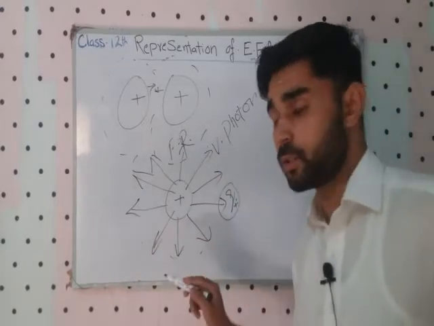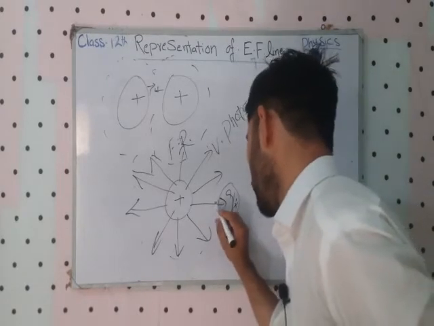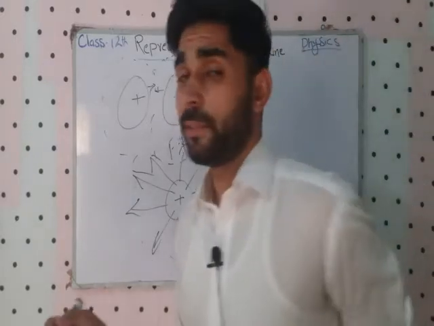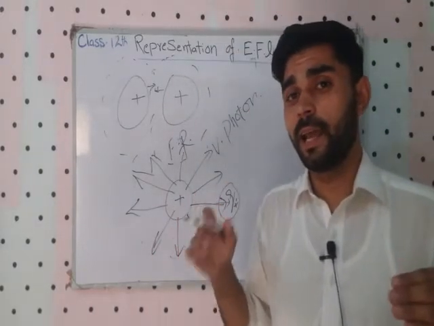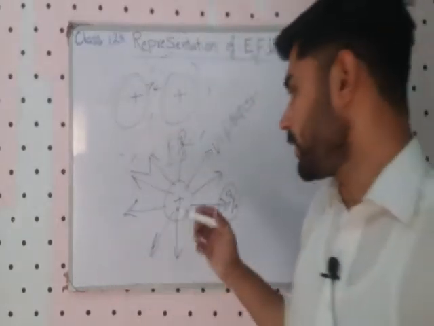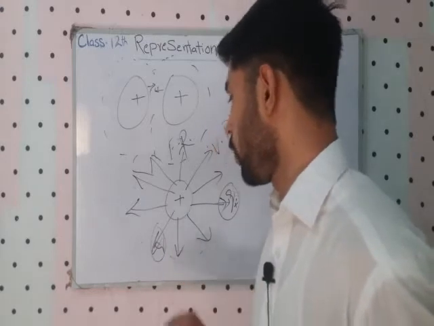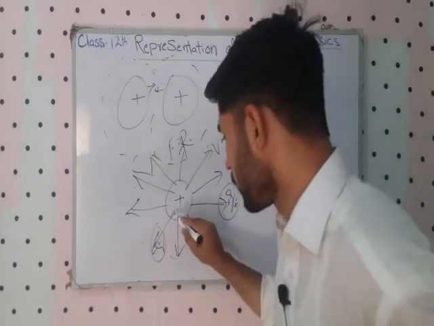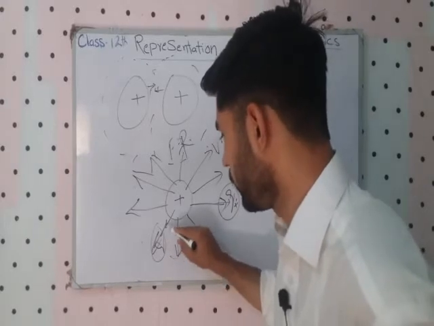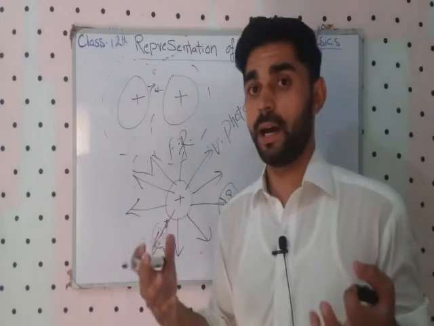Both are positive, so they will apply force of repulsion on each other in this direction. So it means that the electric field exists. If we take a negative charge, it will be drawn toward the positive charge, and they will apply force of attraction on each other.